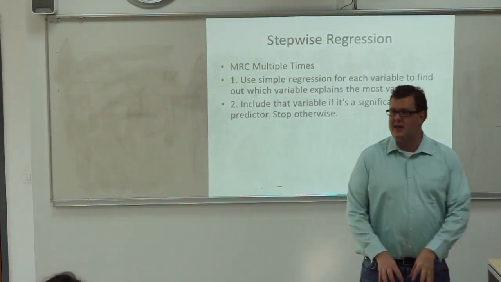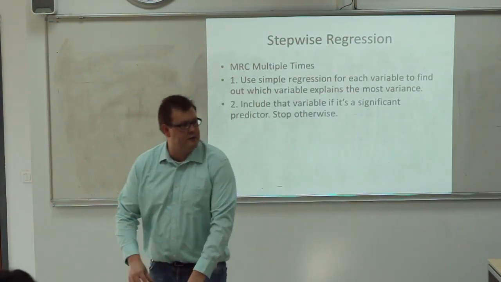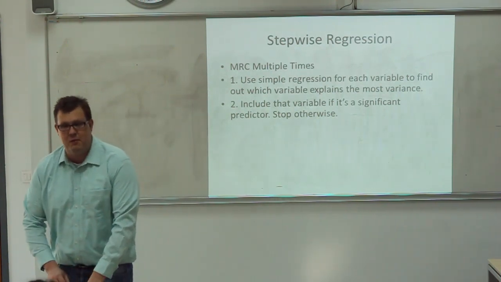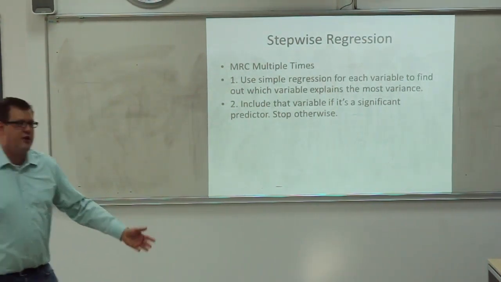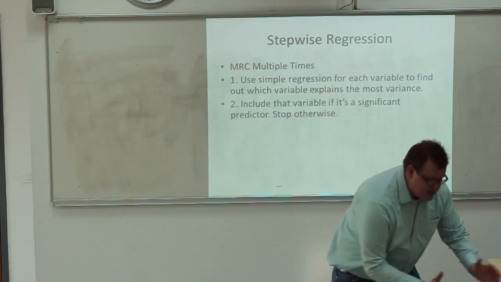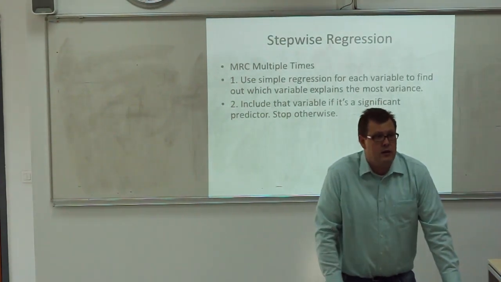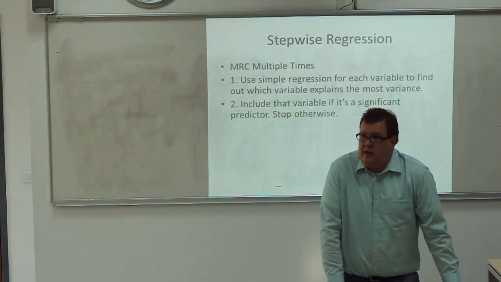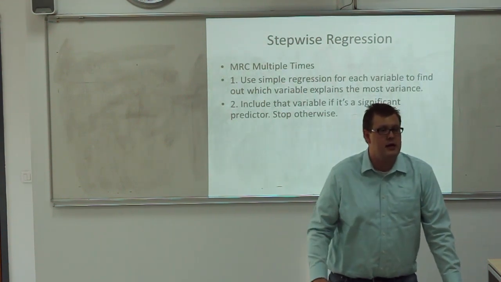So we predicted test 2 from test 1, test 2 from homework average, test 2 from number of submissions, test 2 from homework 1 scores, test 2 from homework 2 scores. We did all of those and we found that test 1 scores was the biggest predictor, let's say. Okay, so now we've got test 1 in there predicting test 2. Now what? It's possible that other variables also contribute and could significantly increase our ability to predict.